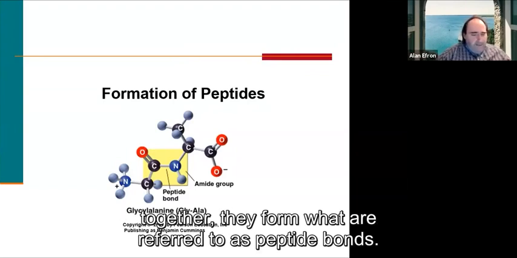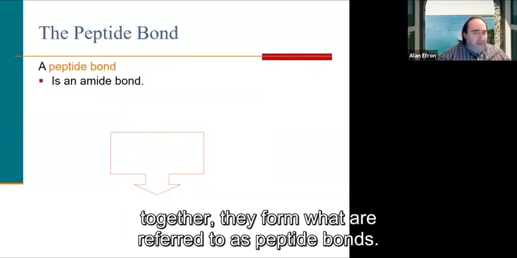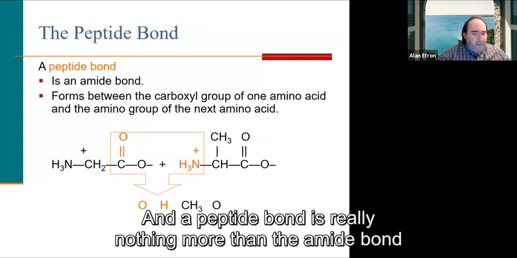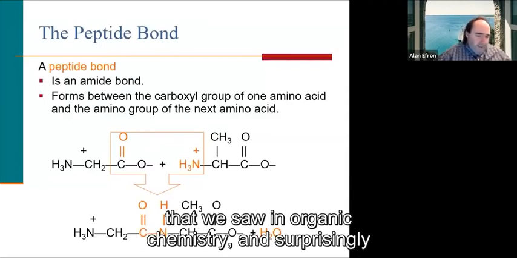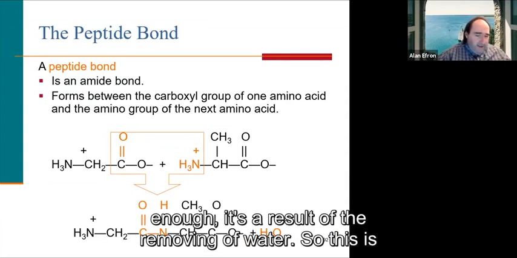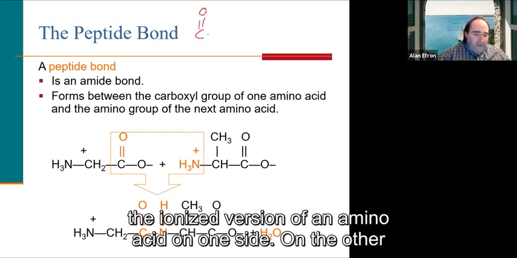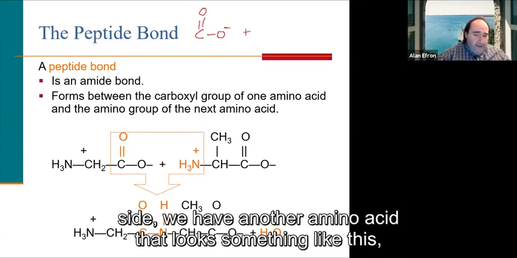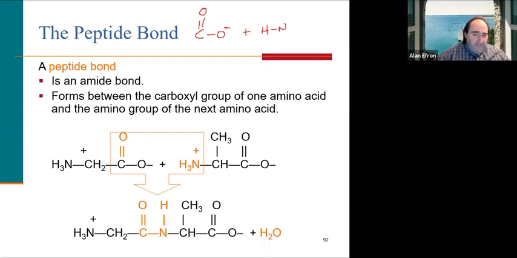When they come together, they form what are referred to as peptide bonds. A peptide bond is nothing more than the amide bond that we saw in organic chemistry. Surprisingly, it's a result of the removing of water. This is the ionized version of an amino acid on one side. On the other side, we have another amino acid that looks something like this.